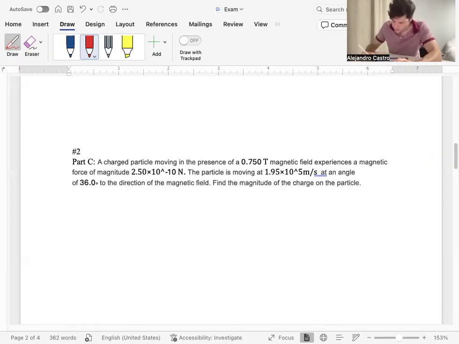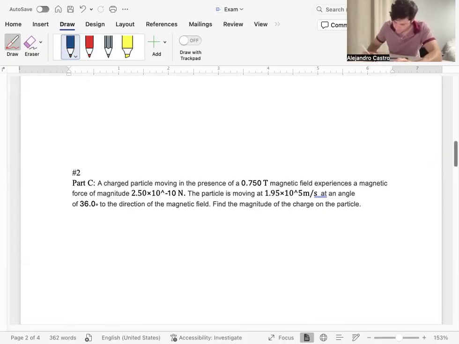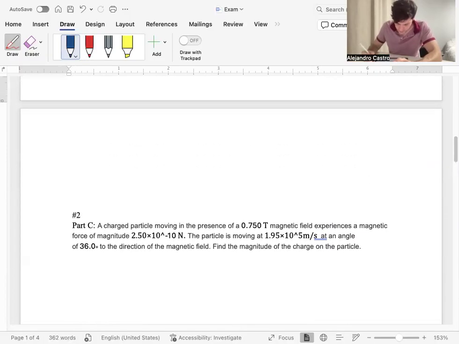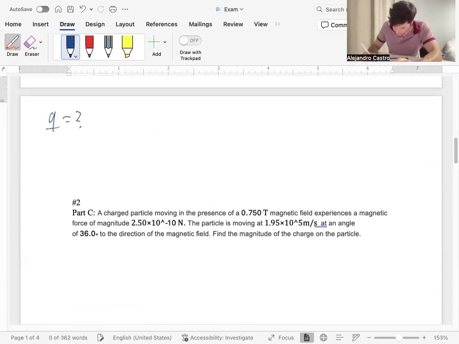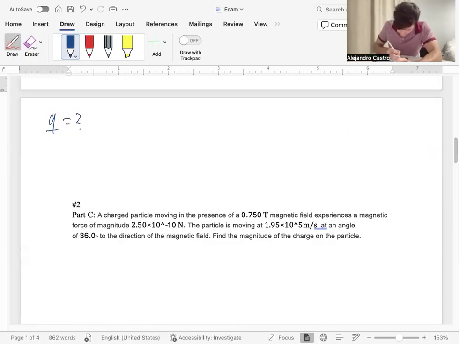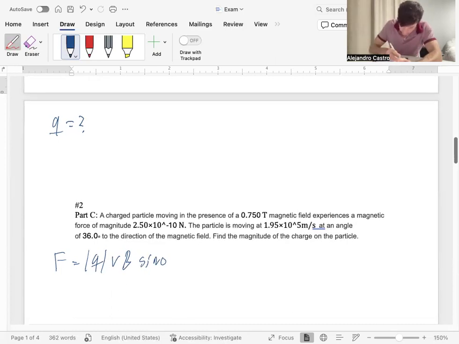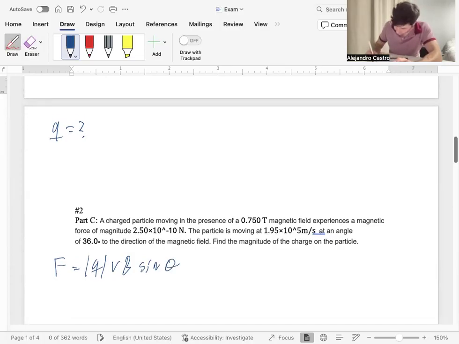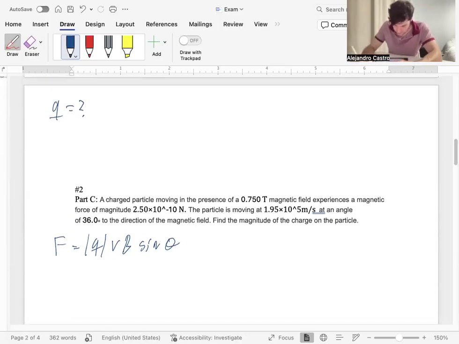Okay, for this one, we're going to use the same formula, even though what we need to find is the charge. The formula we're going to use is, and let's figure out what is given to us.